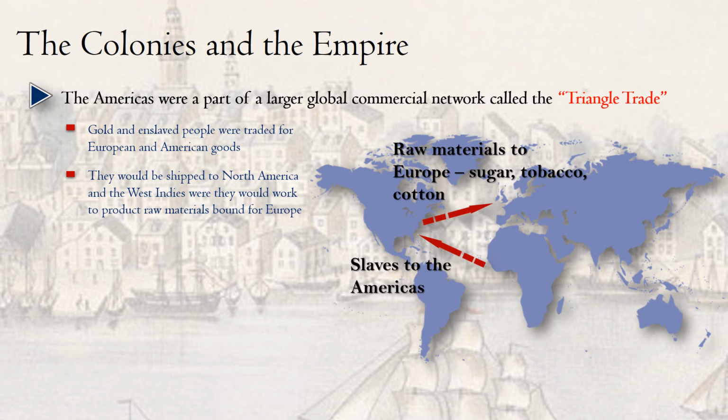And so we're talking about things like sugar and tobacco and cotton and indigo and hemp and some of these other things that the Americans are going to produce and they're going to send to English industry.